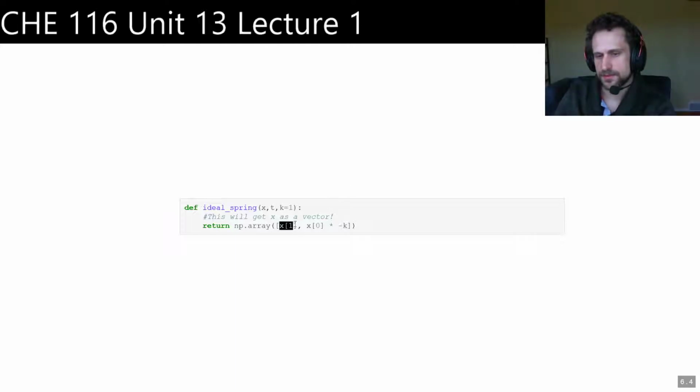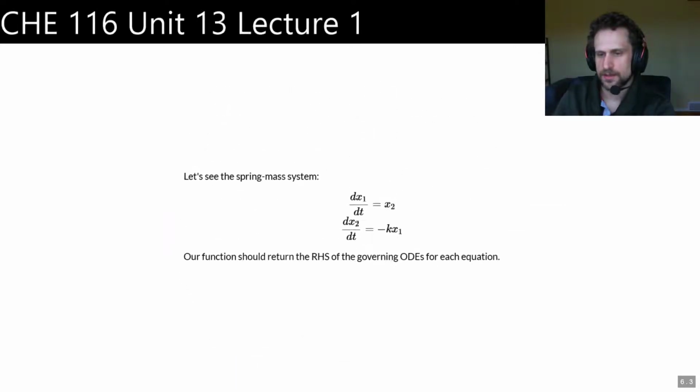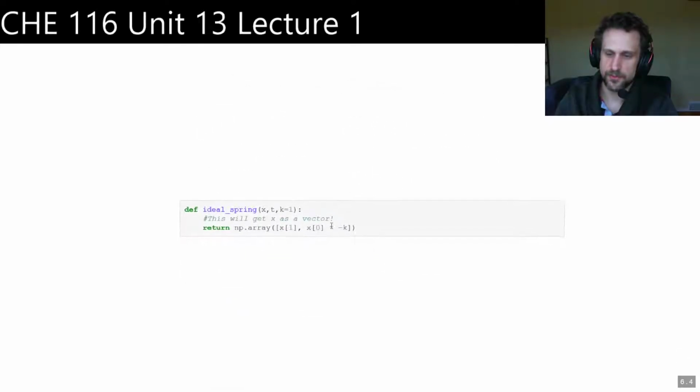Yeah, so I've written them as 1 and 2 here, which might be confusing, but in Python it starts at 0. So the first derivative of the first dimension is equal to the value of the second one. That's because our new dimension we're adding to the problem is the first derivative.